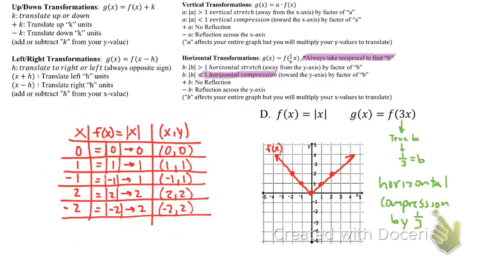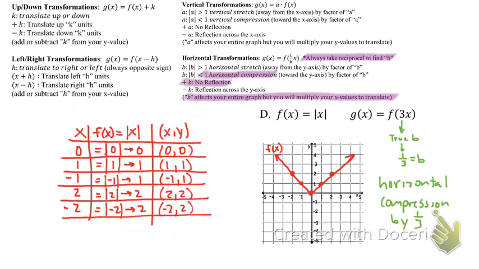Let's look at our rules. To do this horizontal compression, you are going to multiply your x values with your b value. Okay? Before I get ahead of myself, we always got to check the sign. Since b is positive, we also know there's no reflection. Okay?